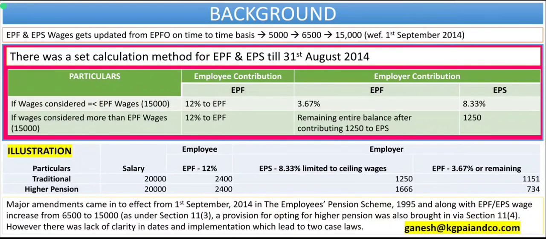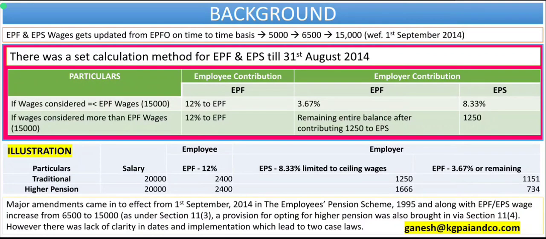Then 8.33% of the PF ceiling wages is calculated to arrive at the employer's pension contribution, and the amount comes to 15,000 rupees into 8.33%, that is 1,250 rupees. Now out of the employer's 12%, that is out of 2,400 rupees, 1,250 has gone to the Employee Pension Scheme, and the remaining 1,151 will go and sit in the EPF account along with the employee contribution of 2,400.